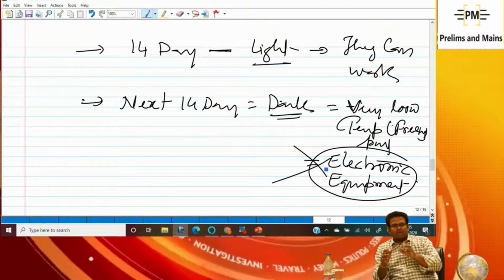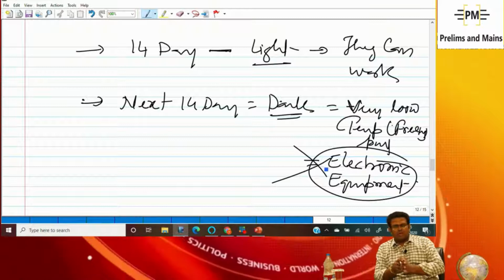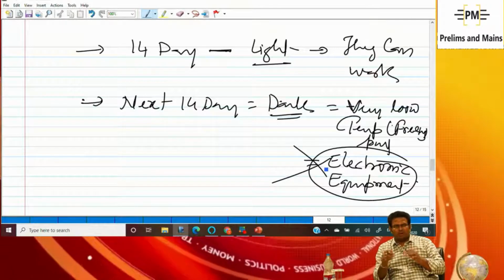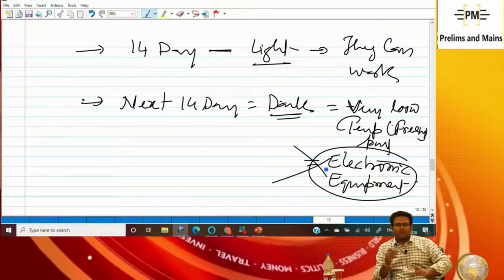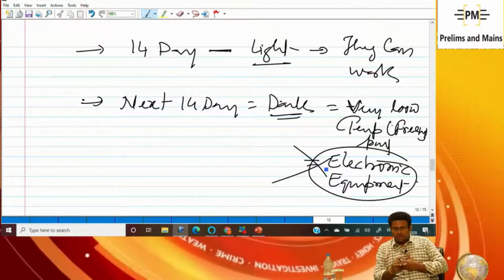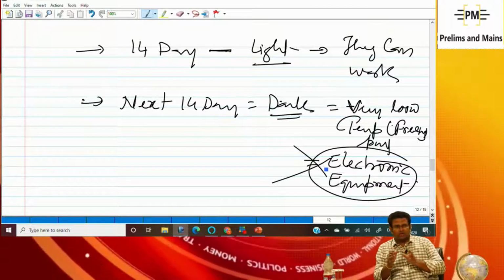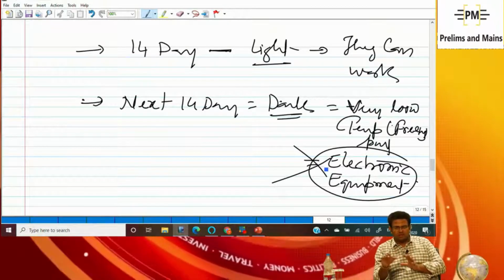But after 14 days it will come into the dark, and dark means the temperature is very low and all the electronic equipment of the Vikram lander and the rover will stop working, and then the job is finished.